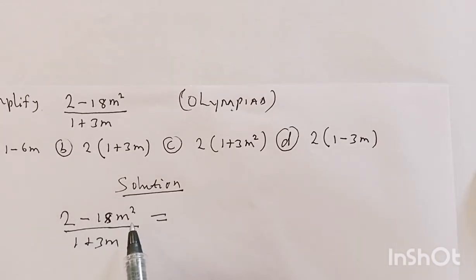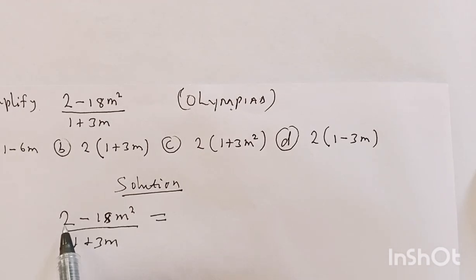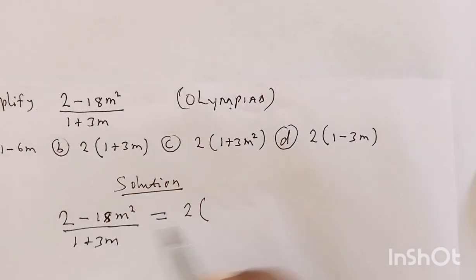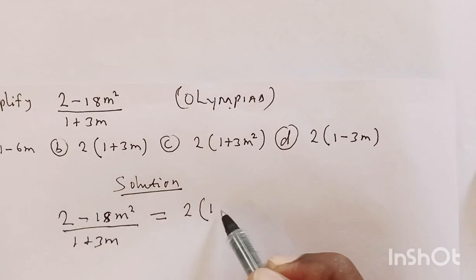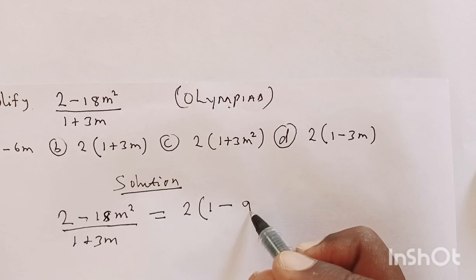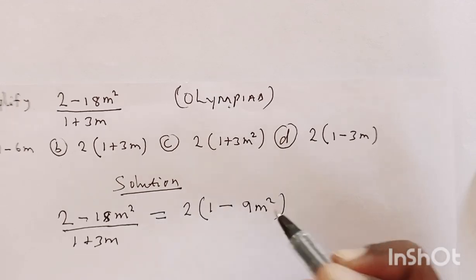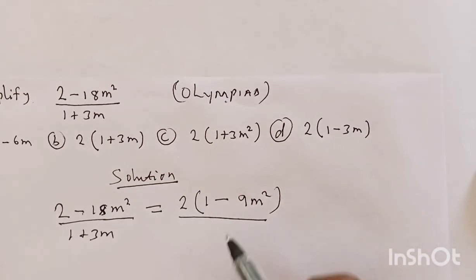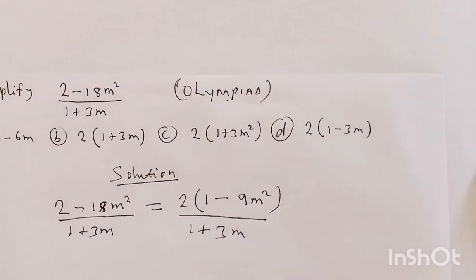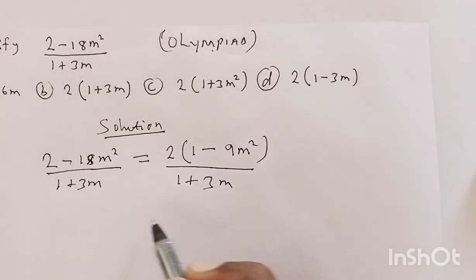This numerator is factorizable because 2 is common. So you factor out 2: 2 into 1, you know it is 1 time. Then you put minus here. Then 2 into 18, you know it is 9 times. Then you have your m square, everything over 1 plus 3m. And from there, you proceed.